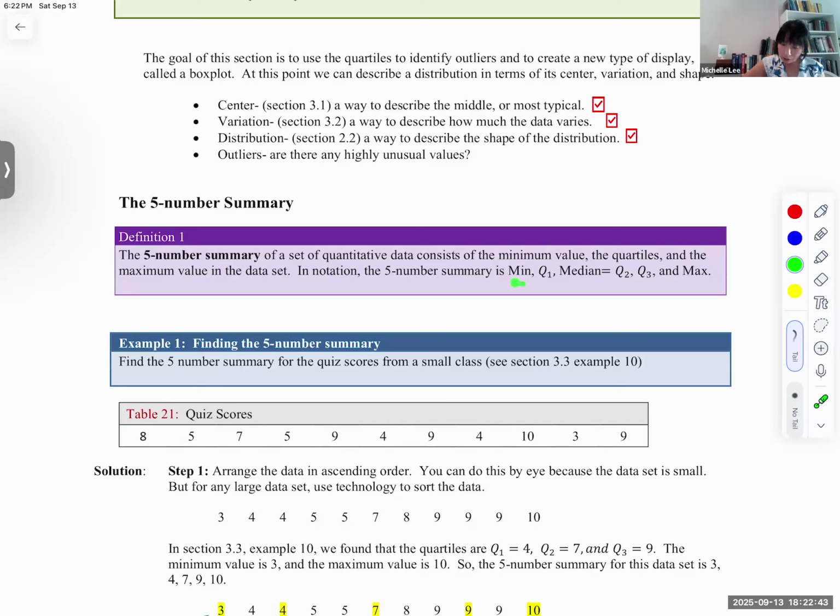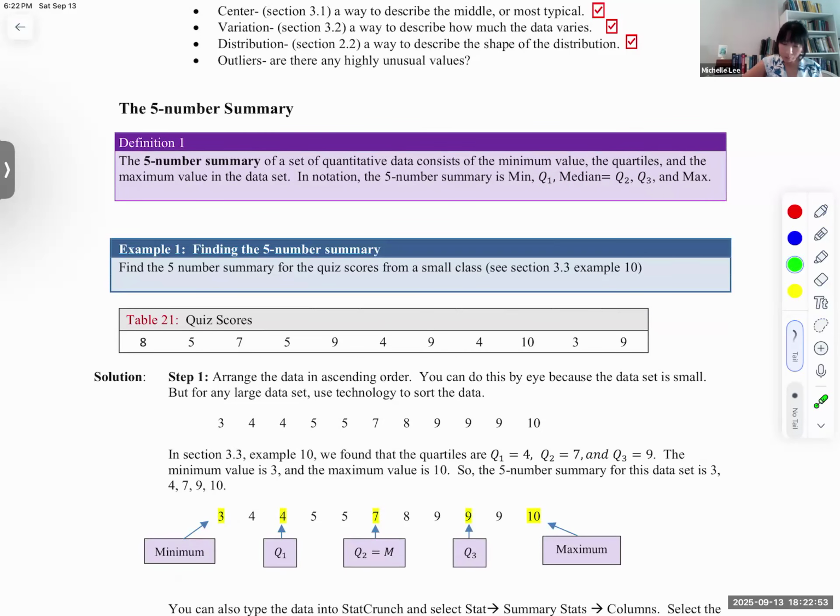So minimum, Q1, median Q2, Q3 and maximum. I can show you StatCrunch one more time, with the quiz scores. I'm going to share my screen.